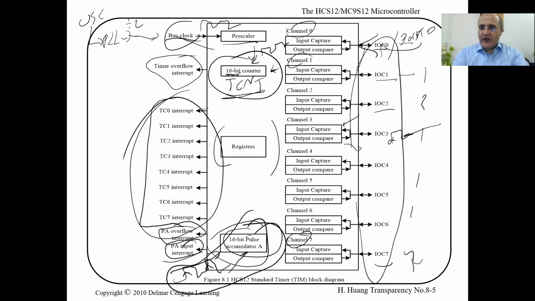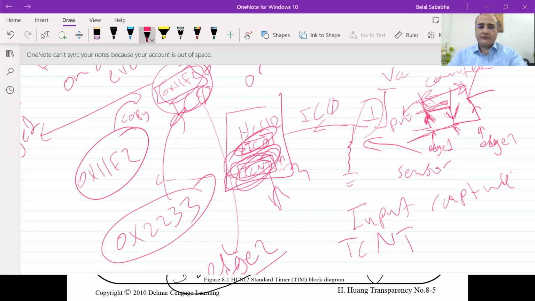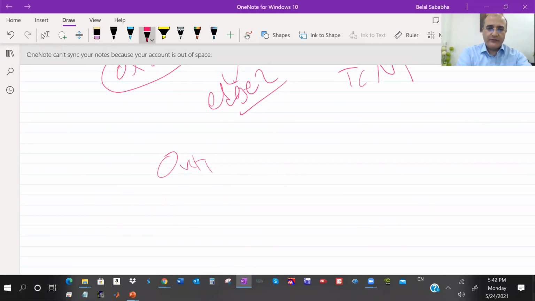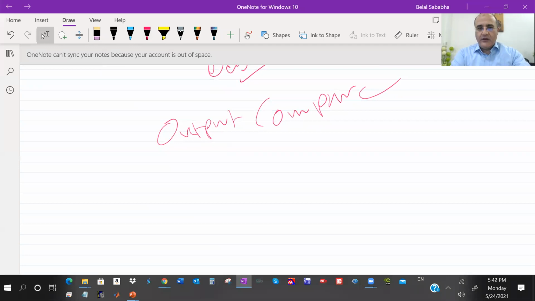So this is IOC 0. You can configure it as input capture. You can also configure it as output compare, but not at the same time, okay? In output compare, you also have the TCNT.